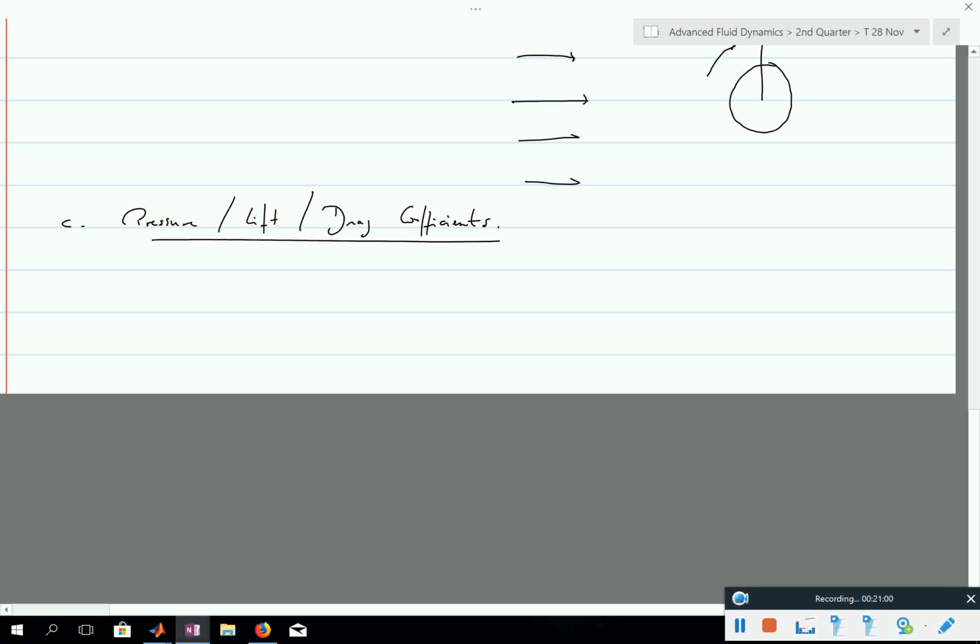But the number you would get, you would not call it a drag coefficient. You get a non-dimensional drag, but when you say drag coefficient, you divide it by something which scales with rho u squared, and in fact you don't just scale it by rho u squared, you scale it with 1/2 of rho u squared, and the 1/2 comes from the 1/2 in the Bernoulli equation.